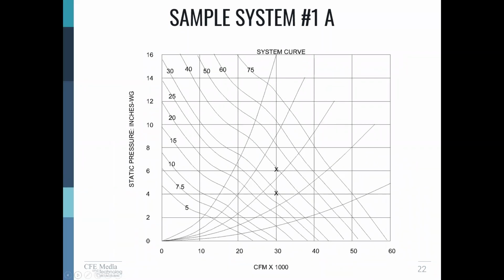Okay, let's say for a moment that you can't get 2.8 inches of reduction in your static pressure. So just in case, we looked at an alternative system.